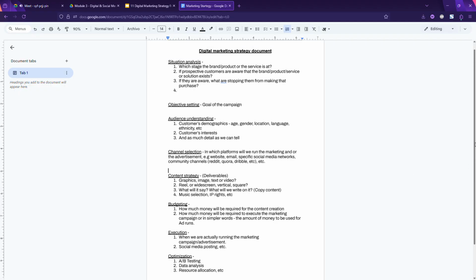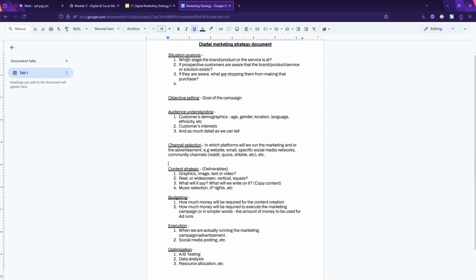So our digital marketing strategy document would look something like this. The names that we have can be a little different from brand to brand. They might say it differently than just a flat situation analysis, right? They might call it where we are at, the goal setting, or the objective setting.